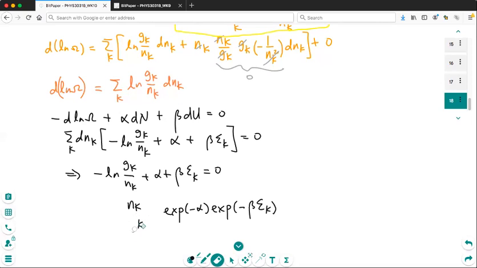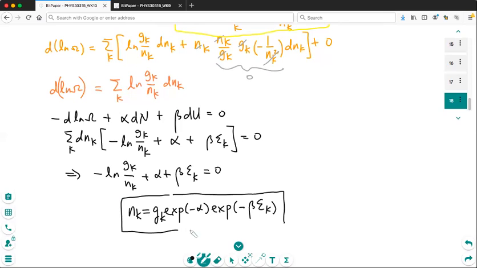Let me save one more line to move gk over there. So this is our distribution function, and you can see this is again Boltzmann. Once again, Boltzmann.